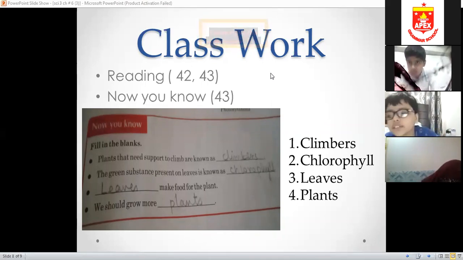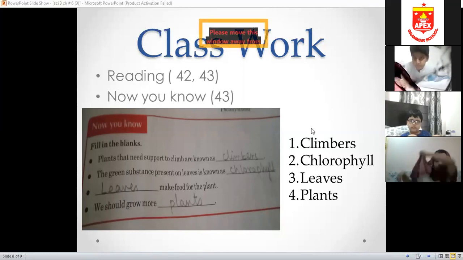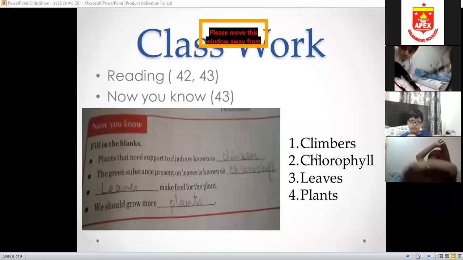The first one is that plants that need support to climb are known as the climbers. Here the word climber was written, so you can write it in your books. Again, I'm saying that your writing should be neat and clean.